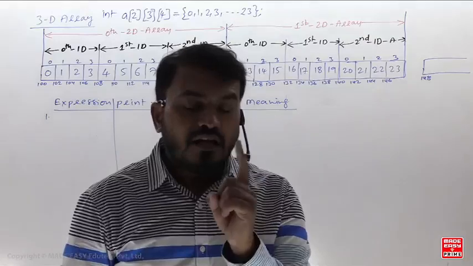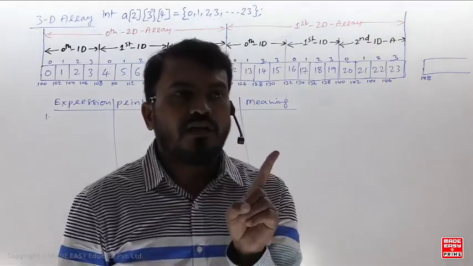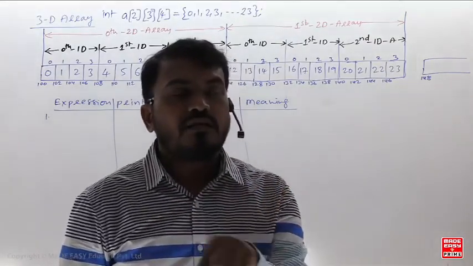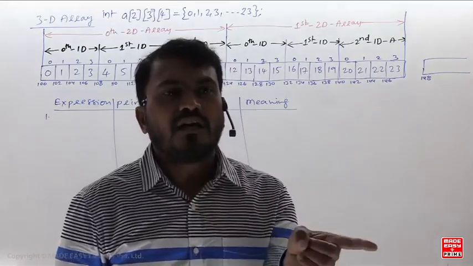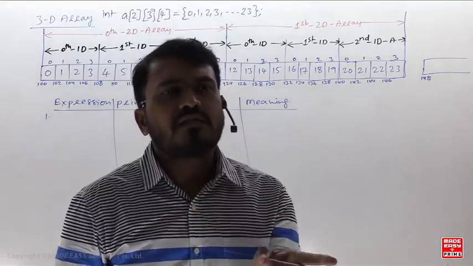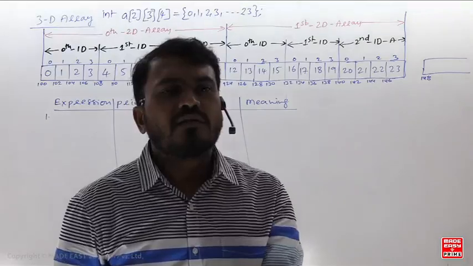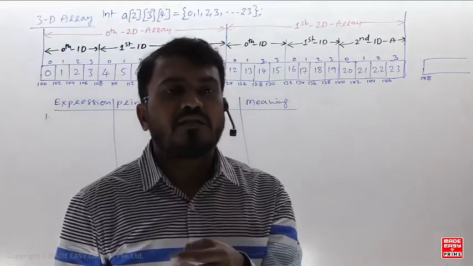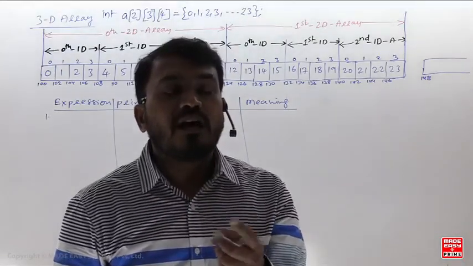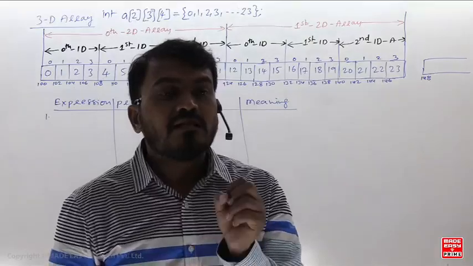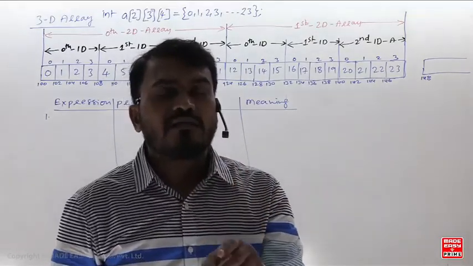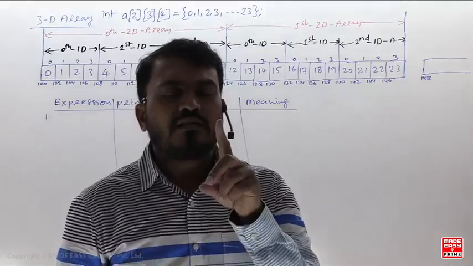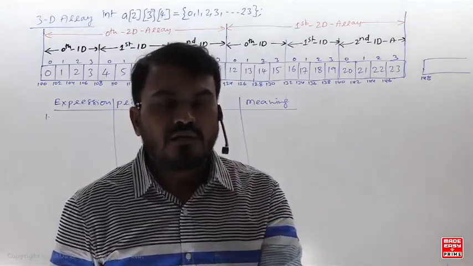A means 0th 2D array. Star A means 0th 1D array. If I apply one more star, 0th element. It means double star A means 0th element, 0th 1D array, 0th 2D array.